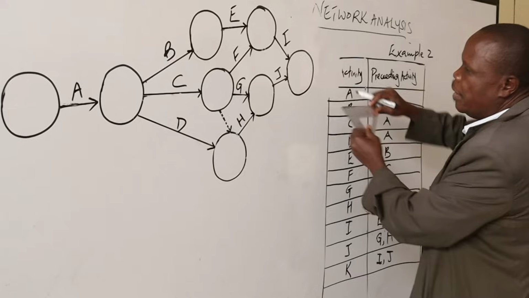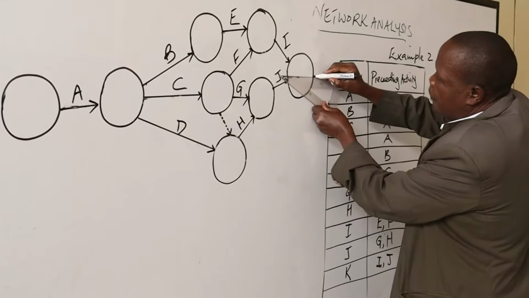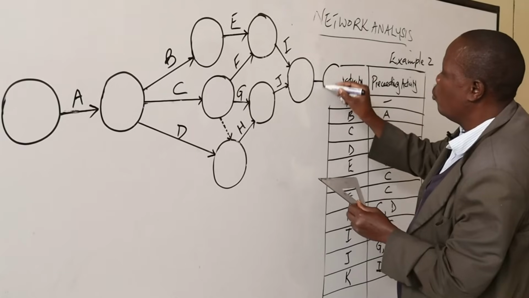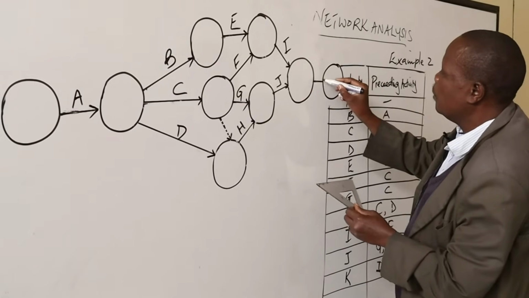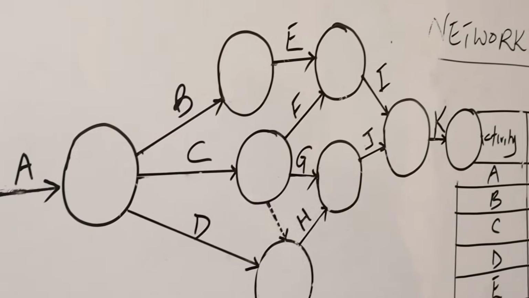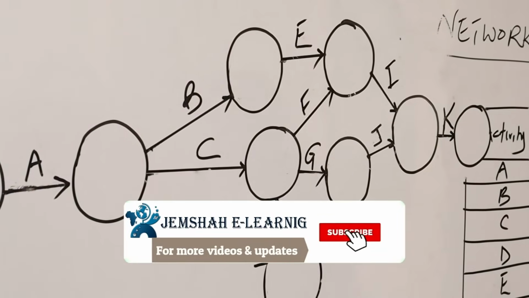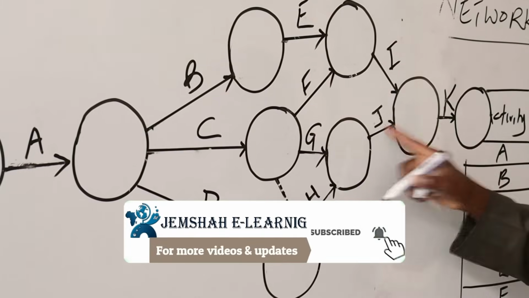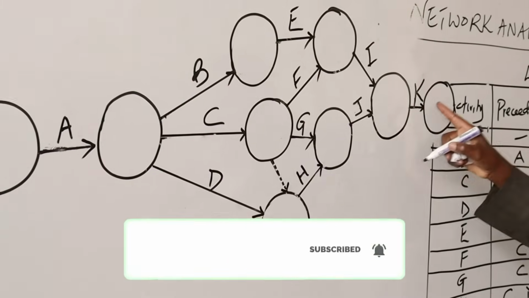So that is this one here. Then you draw this. This is K. So that is I and J. I and J are giving rise to K.